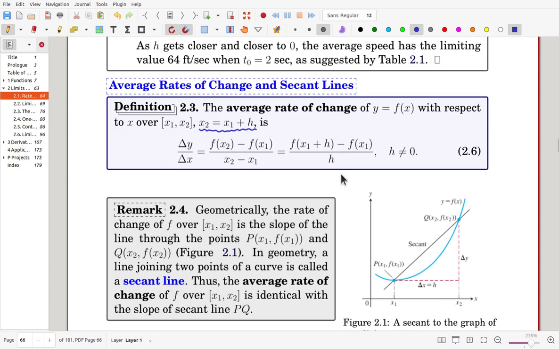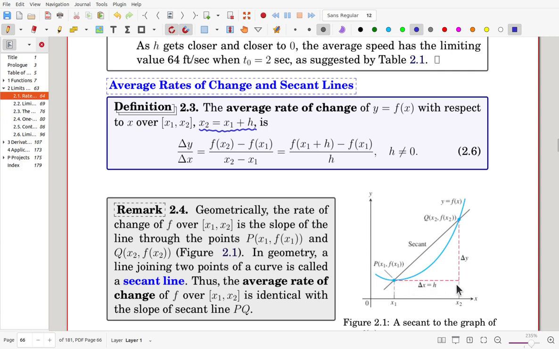So for a general function f and a general independent variable, we define the average rate of change. Geometrically, this definition can be explained. Here are x1 and x2. The change in x is delta x. The change in y is the change in height, f of x2 minus f of x1.